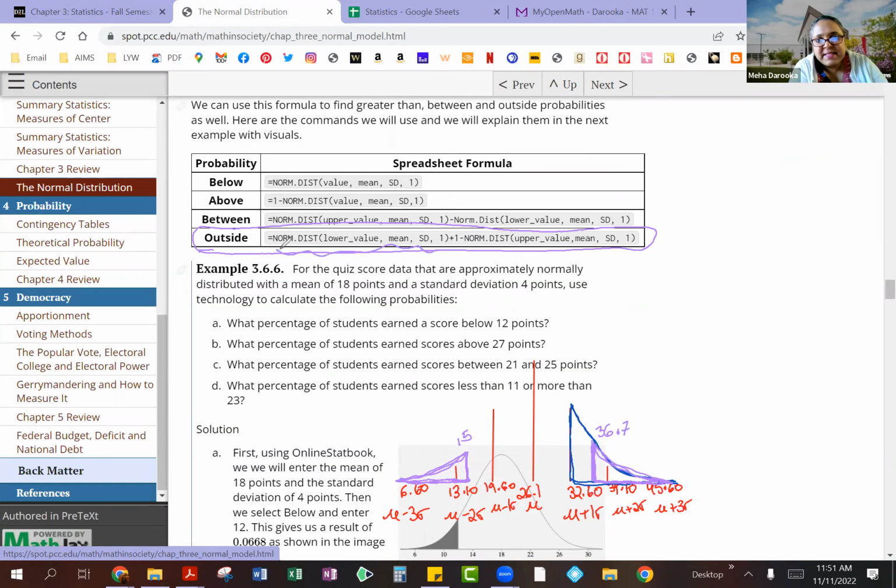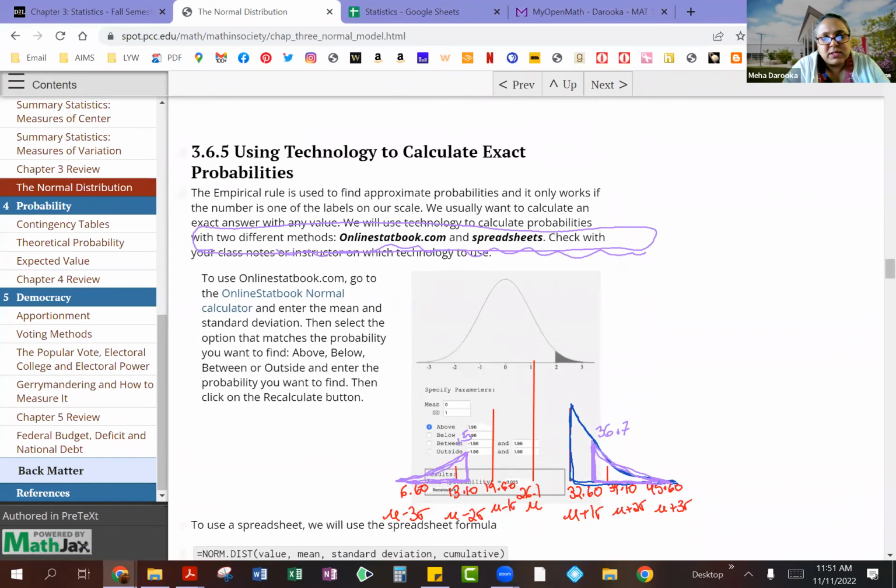So that would be this section over here. And then the other one is saying above 36.7, which would be this. So you either use these built-in functions here with the norm dot distribution, or you want to use this online stat book calculator.